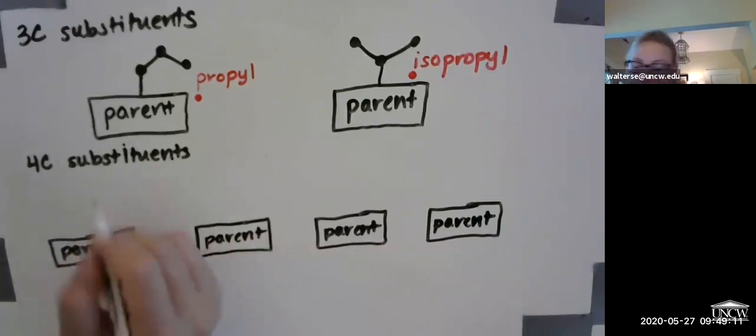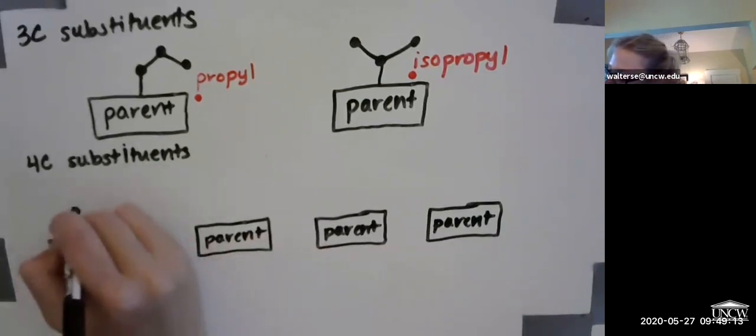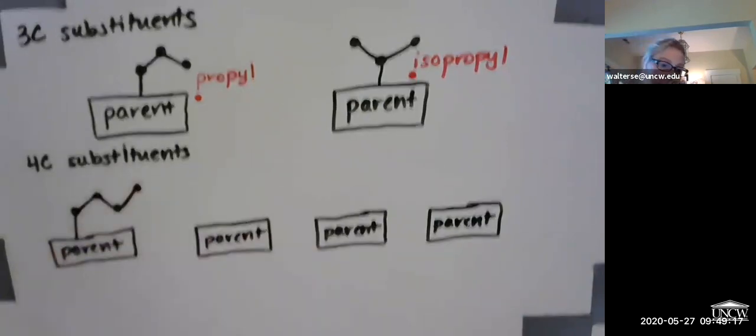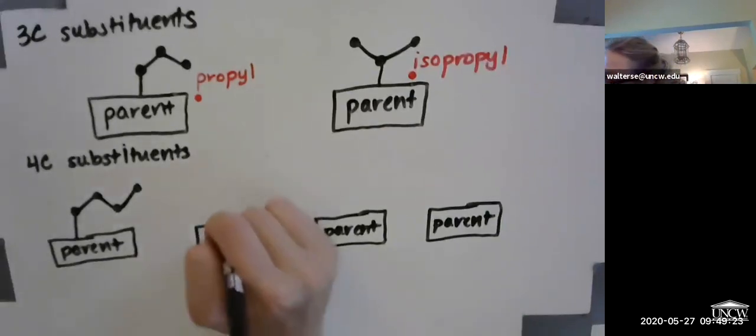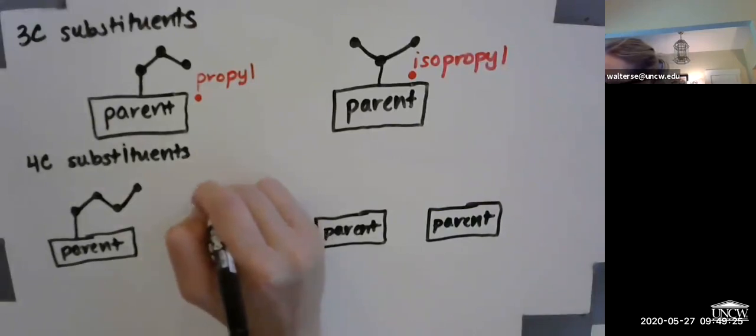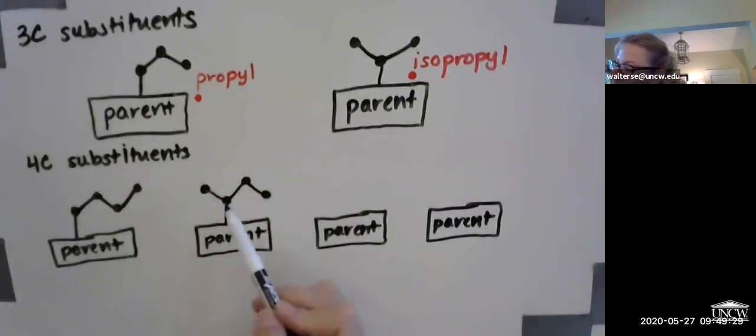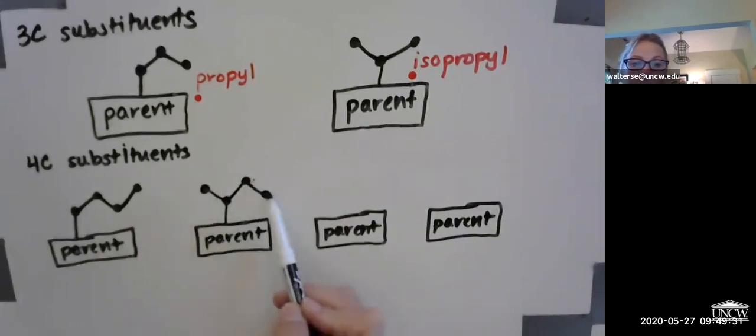Right. You could come off 1, 2, 3, 4. You could come off like this: 1, 2, 3, 4.